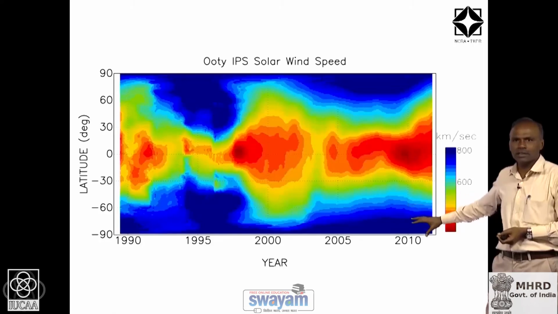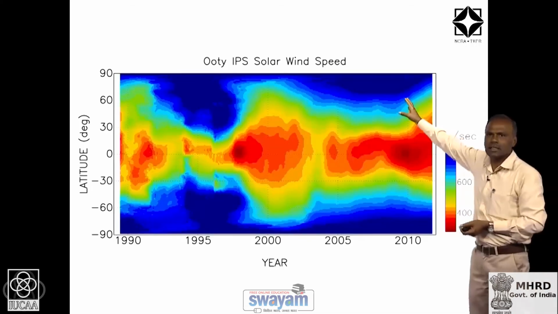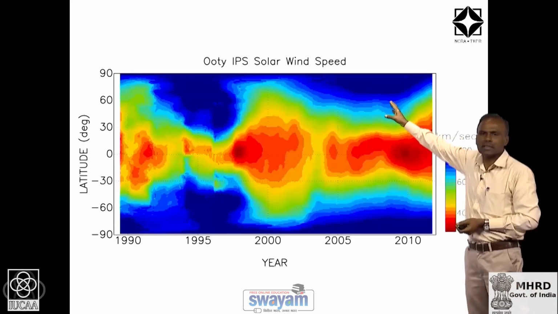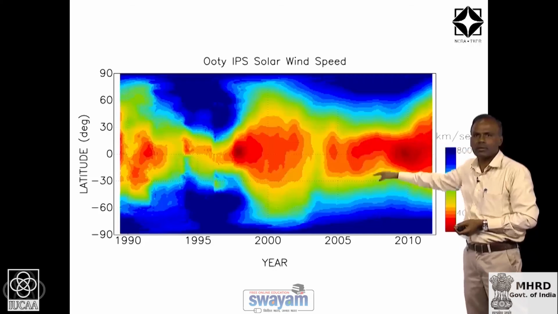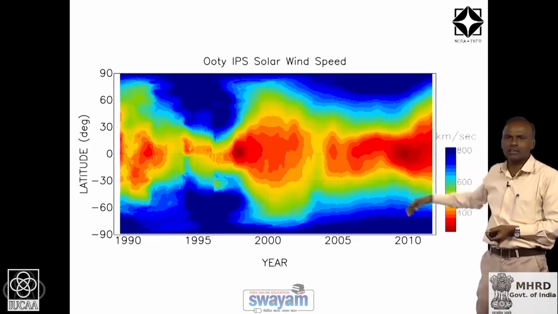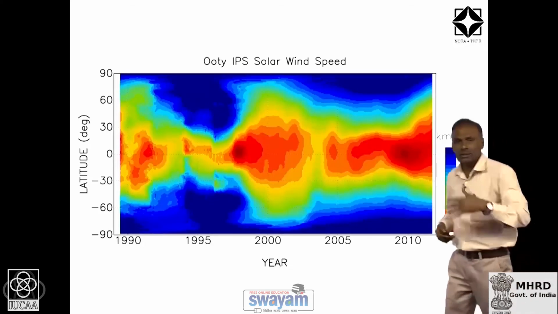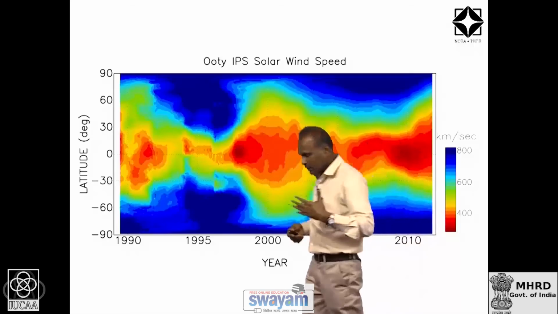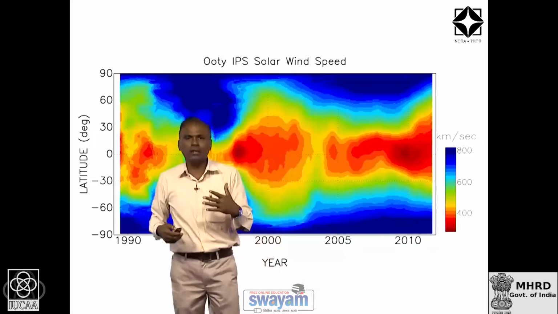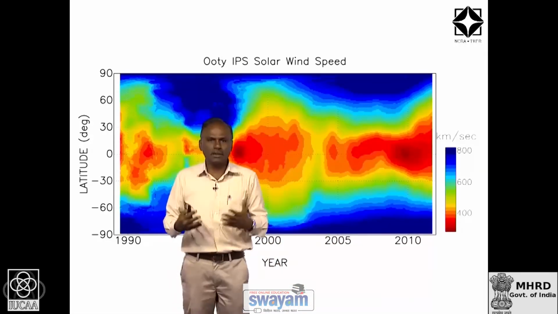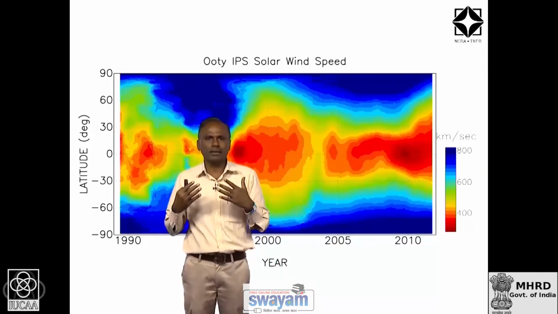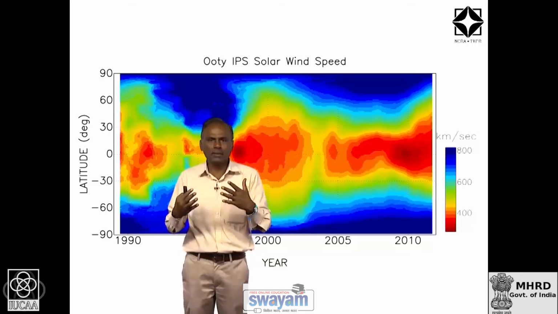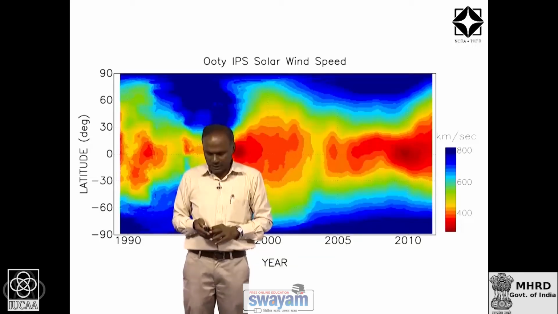And also you can see in the current solar cycle, we see a polarity reversal taken place in the south pole, whereas in the north pole the polarity reversal is still going on. So, the solar wind study can give information about the activity magnetic field associated with each activity cycle.